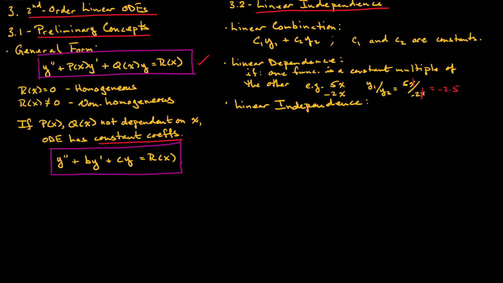The next concept is linear independence. We say that two functions are linearly independent if one cannot be expressed as a constant multiple of the other.